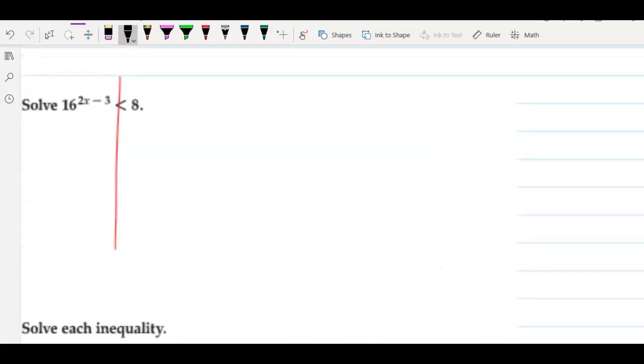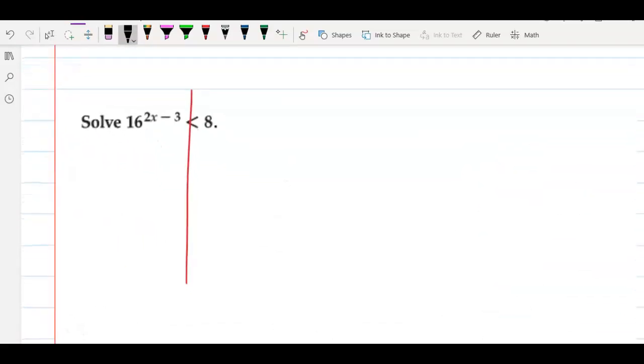So let's go back to what we had here. 16 is 2 to the 4th to the 2x minus 3, and 8 is 2 to the 3rd. Again, rewriting this and distributing.